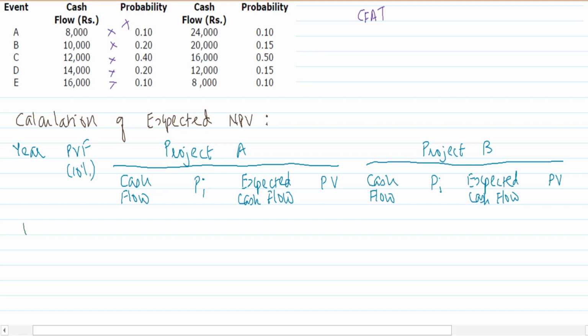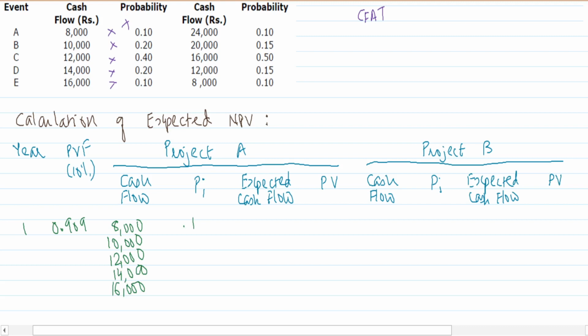Project is only for 1 year. 10% present value factor will be 0.909, right? And the cash flows that we are getting for project A are 8,000, 10,000, 12,000, 14,000, and 16,000.